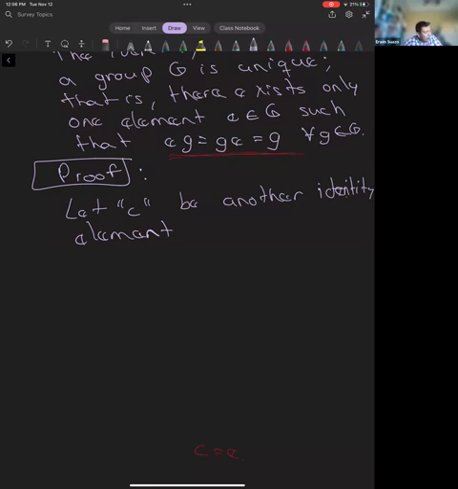Okay, so I'm going to do it. Since C is another identity element, CG equals GC equals G for all G in G.